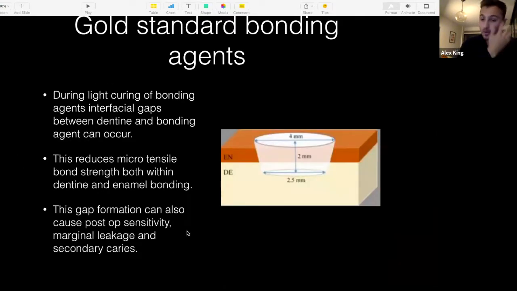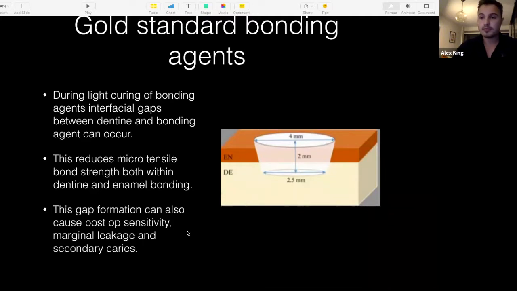Okay, so why are they gold standard? There were some studies done on these gold standard bonding agents under electron microscope. They cut the tooth in half, exposing the enamel, the dentine, and the enamel-dentine interface, and they were doing bonding tests to the dentine. They applied different bonding agents to the dentine layer to see what would go on with the hybrid layer.